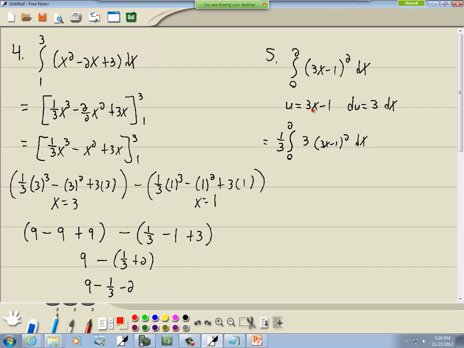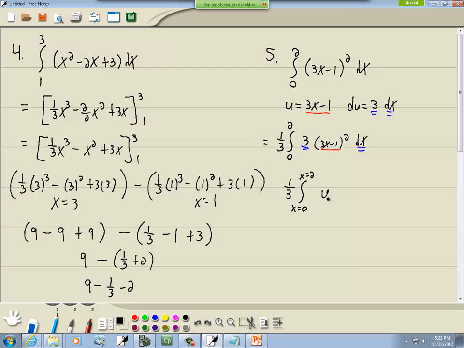Okay, so again, 3x minus 1 gets replaced with a u. The 3 dx both get replaced by du. So it's going to become 1/3, and I'll go ahead and put x equals 0 here and x equals 2 to indicate those are our x values.